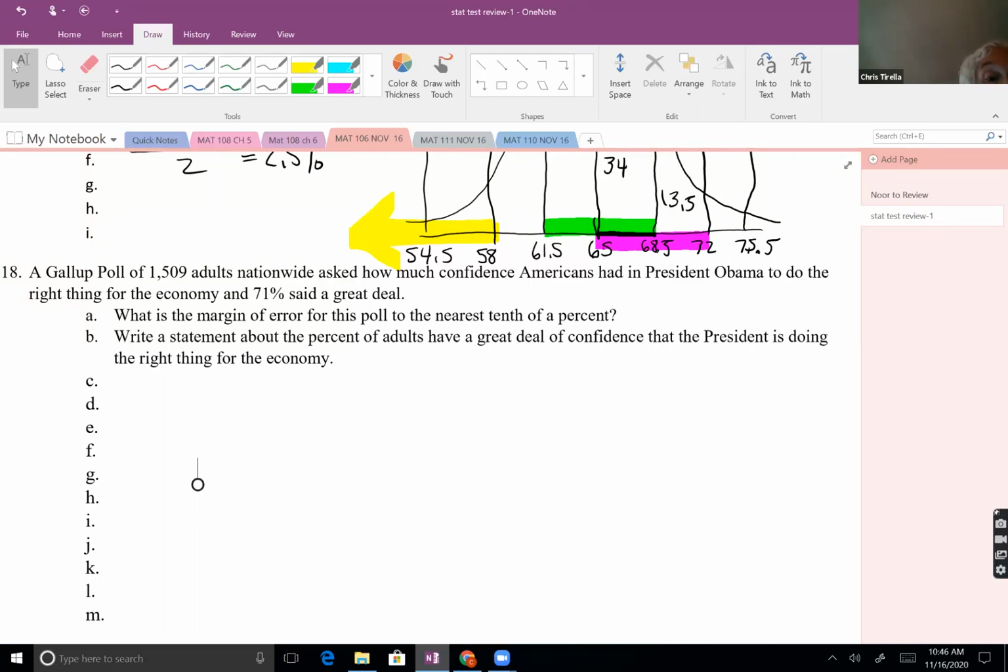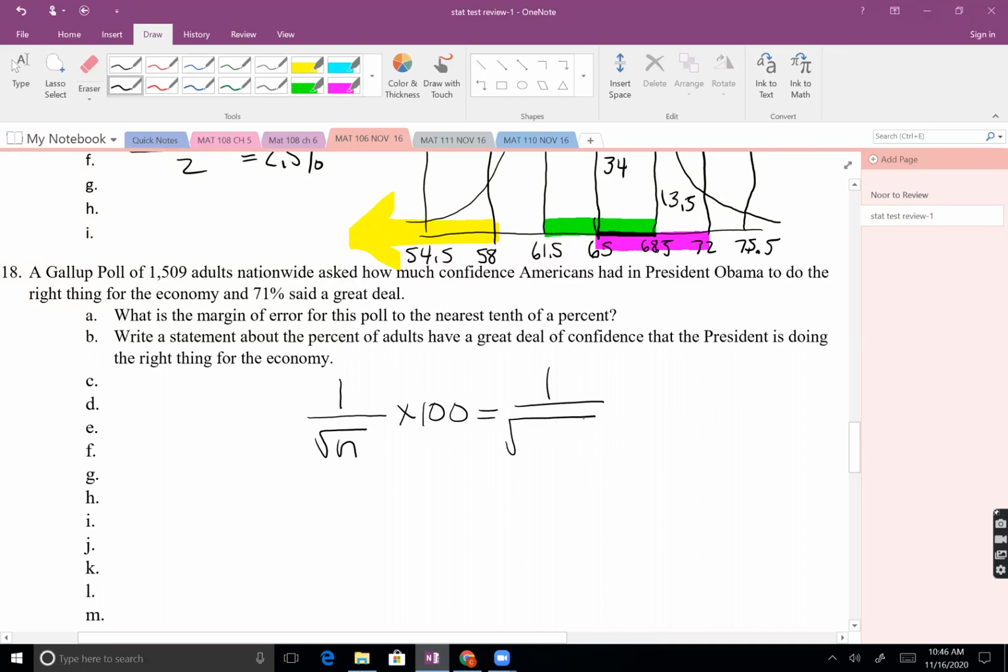So, margin of error: 1 over the square root of the sample size times 100. What would my sample size be here? 1,509. So when you take 1 divided by the square root of 1509 and multiply it by 100, it would be better if I did this with my calculator than my phone.